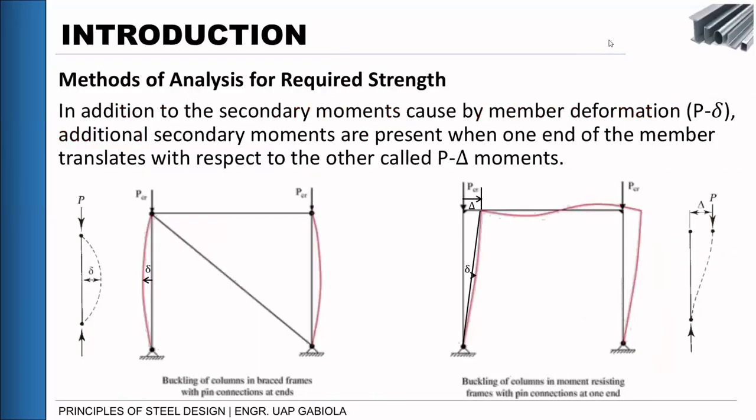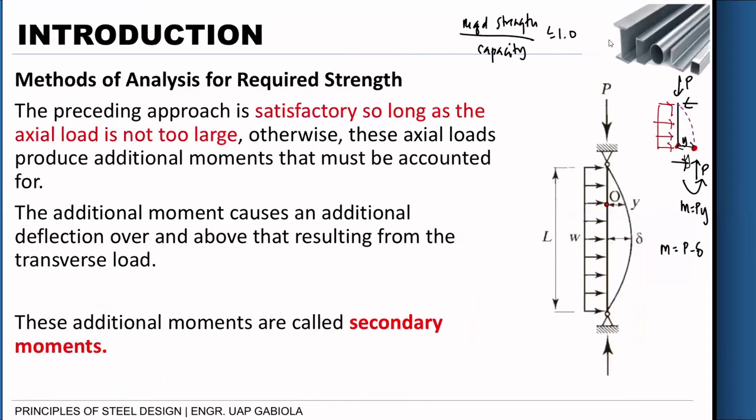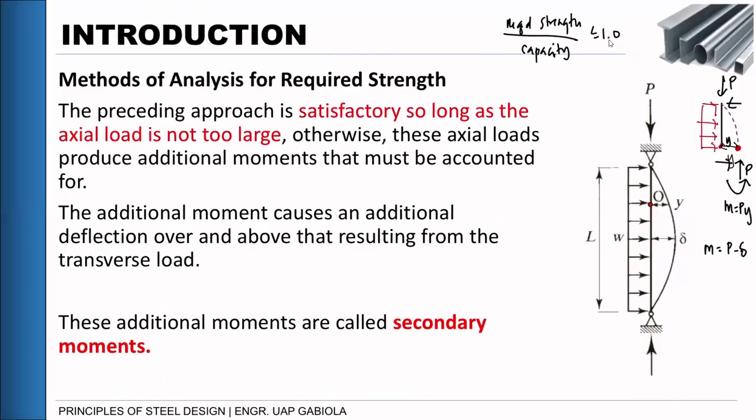So, in addition to the secondary moments caused by the member deformation, so sabi natin, yun nga, yung mismong P small delta natin. Additional secondary moments are present kapag yung isang end natin, kasi do sa condition natin at first, we restrained yung ating connection dito at its end. So we assume that it cannot move.